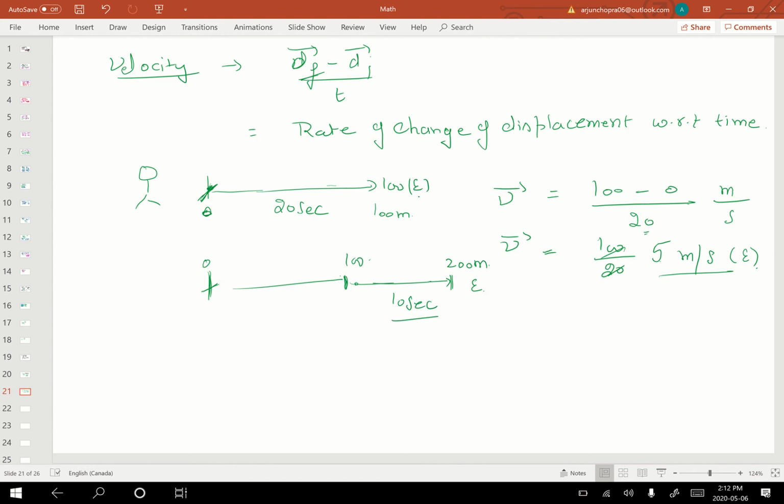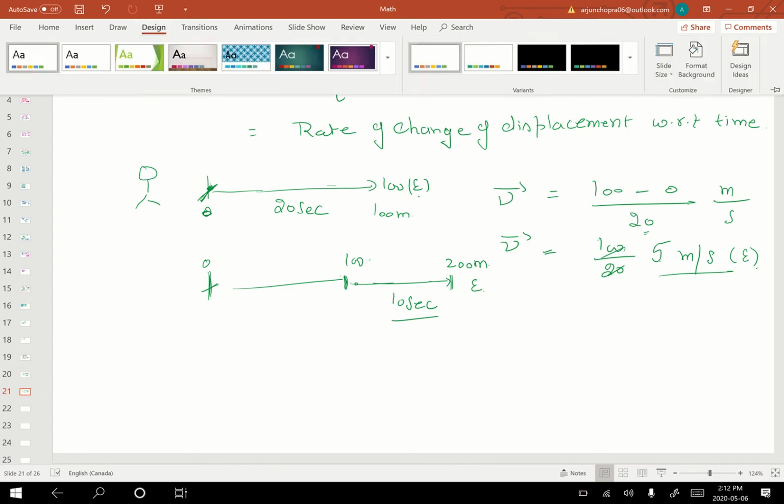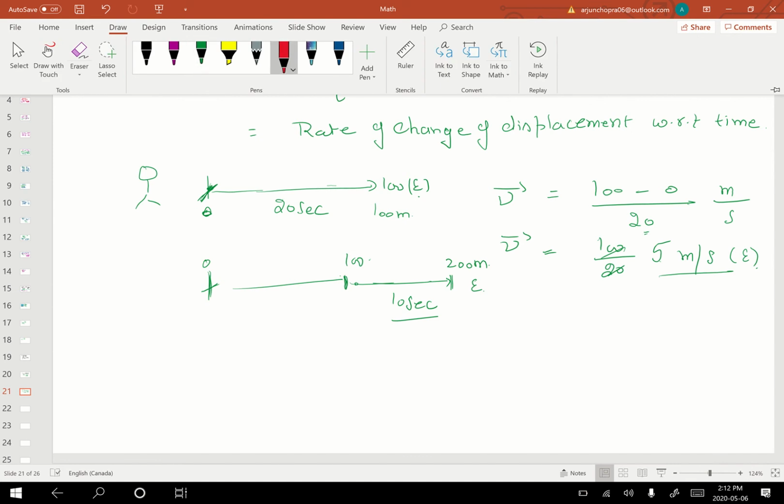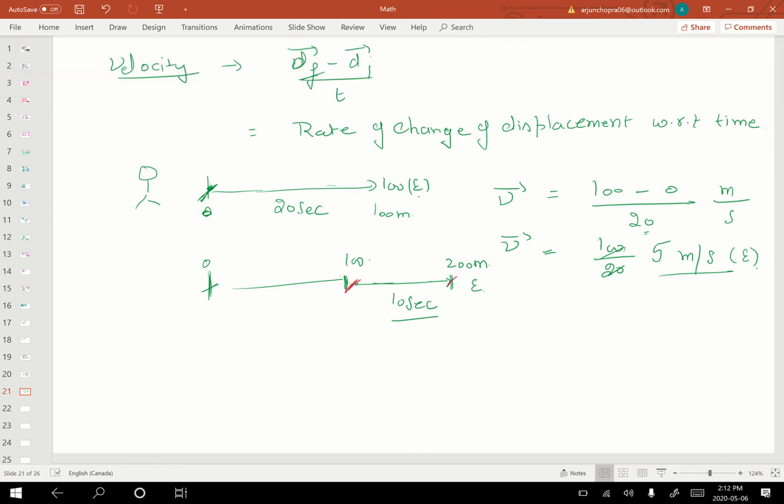I wanted to find the velocity of the person for this region, starting from 100 meter displacement up to the 200 meter mark.